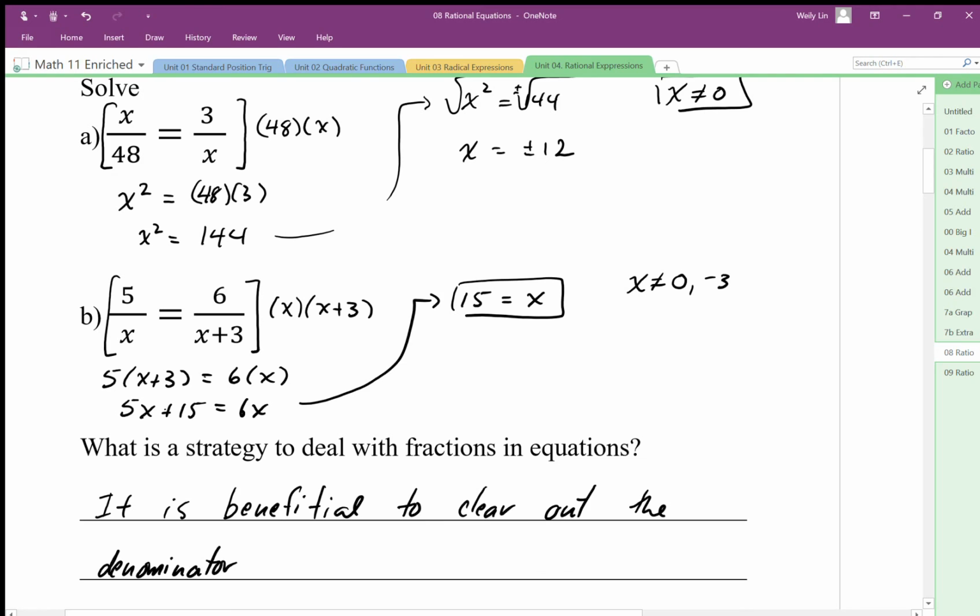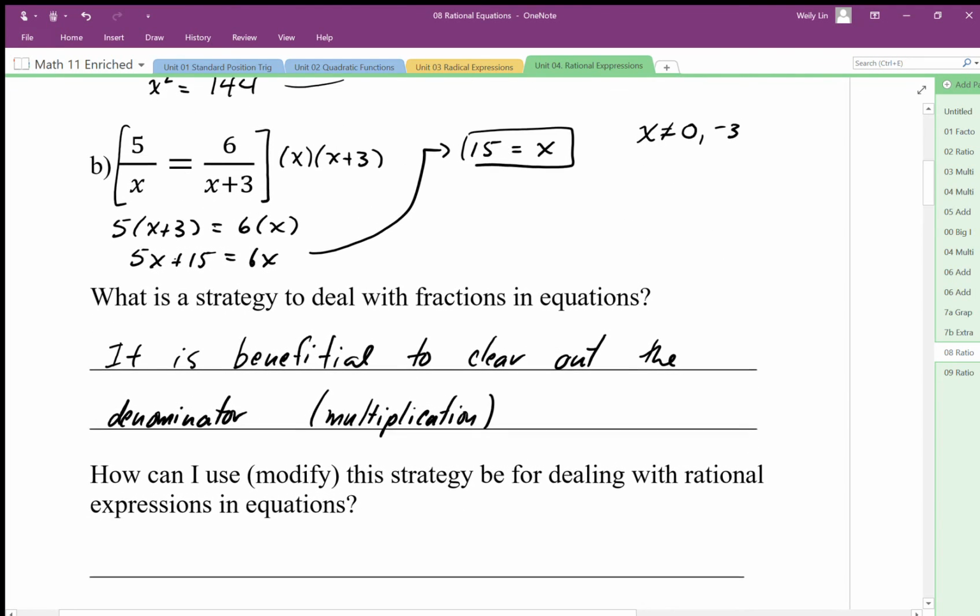Okay, and we can do that with a multiplication. Okay, so we'll clear it out using a multiplying strategy.